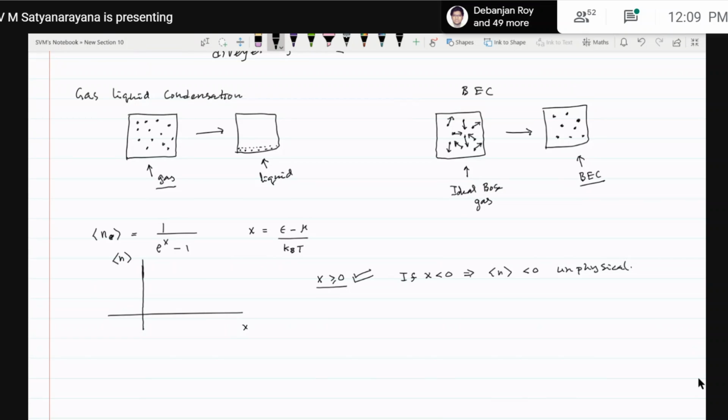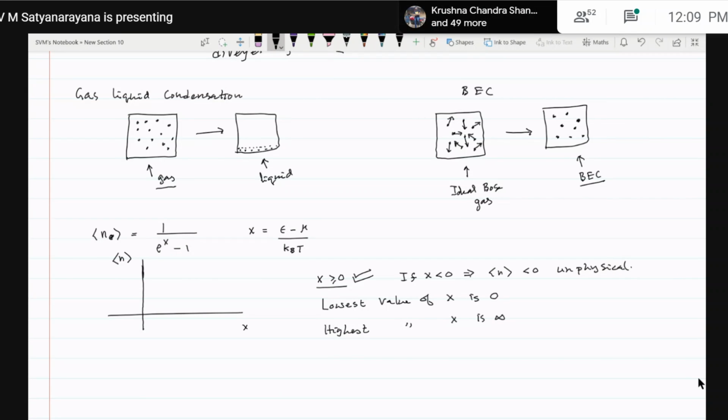So the lowest value of x is 0. Okay, and the highest value of x can be infinity.